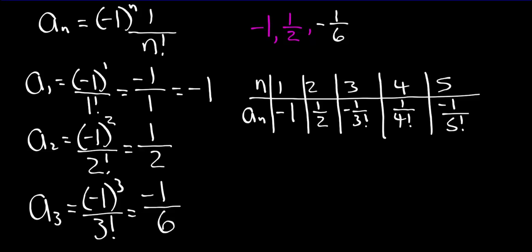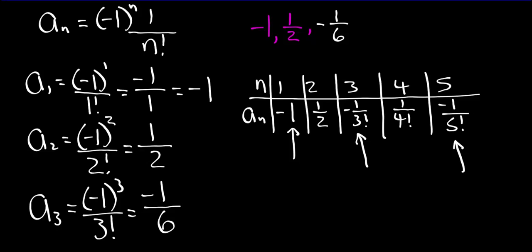With this particular sequence, the odd values for n will give us a negative a sub n. See, this is 1, this is 3, and this is 5. Whenever we have odd values for n, we end up getting negative values for our function output.